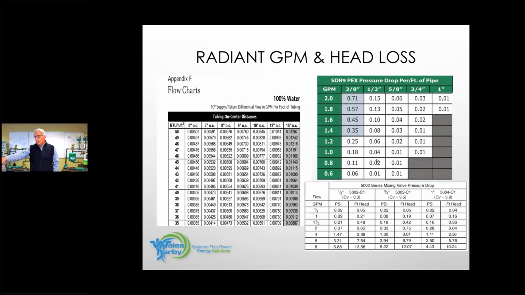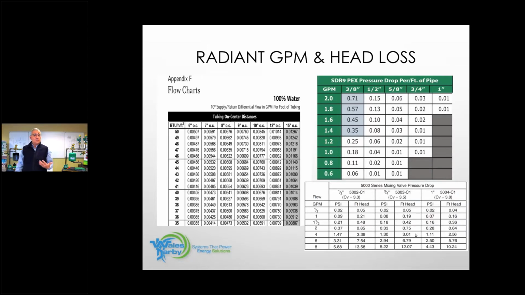Since I'm going to move 1.8, I can kind of look at that 1.5. More than likely, you're going to run with a 3/4. That will add an additional 0.42 feet of head. So I'd add that to the 7.4. So there's my GPM, there's my head, and now I can size the circulator. That wasn't very crazy. That was very easy.